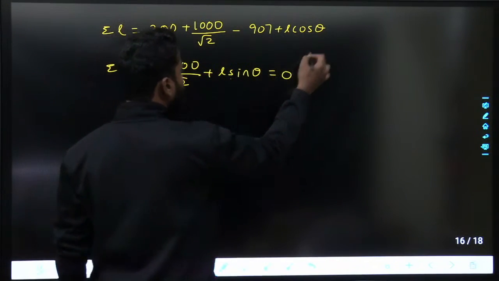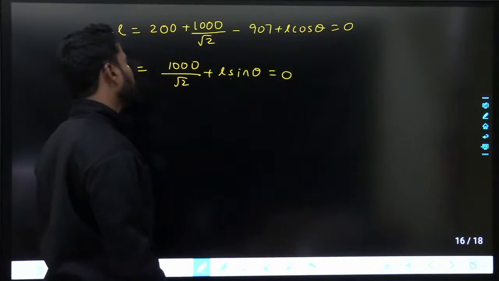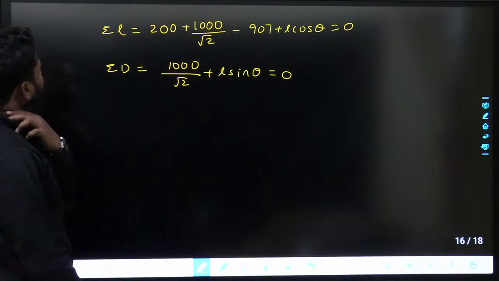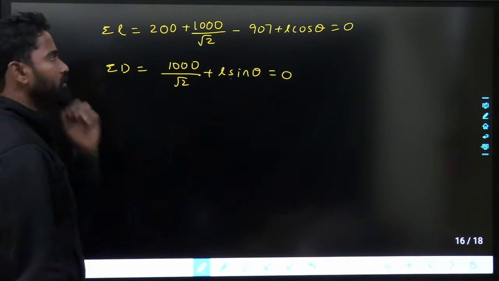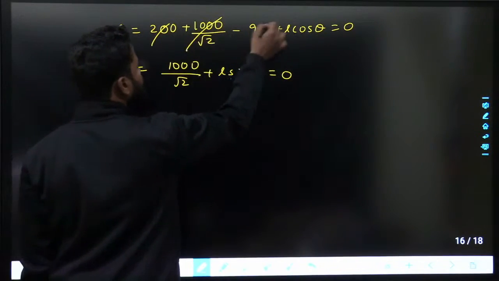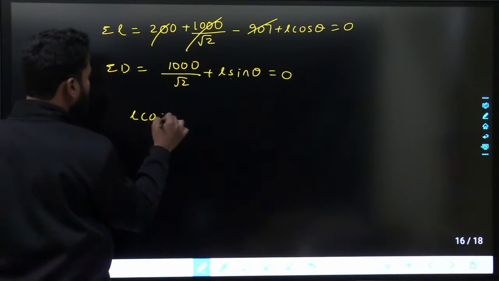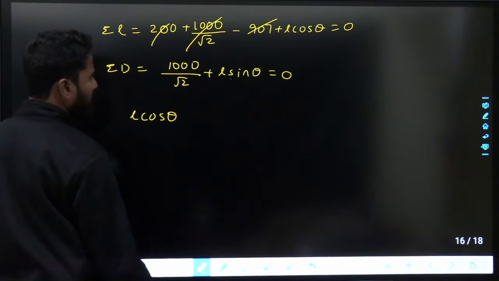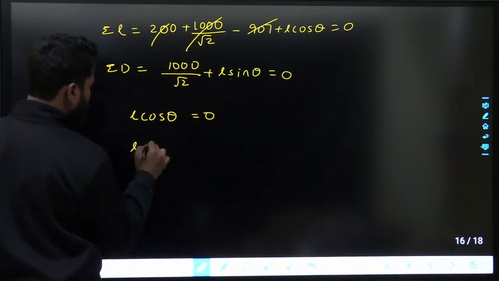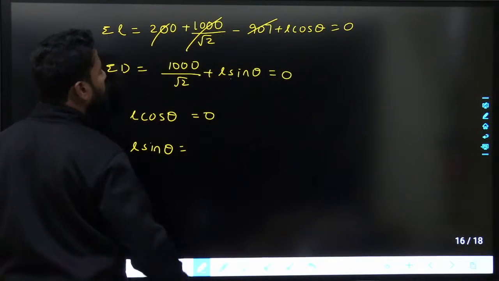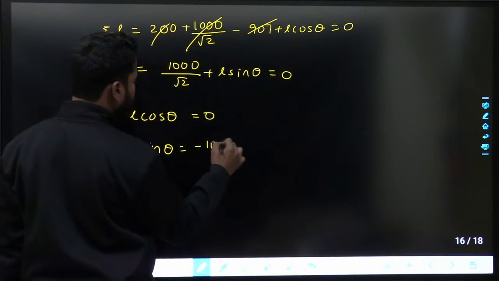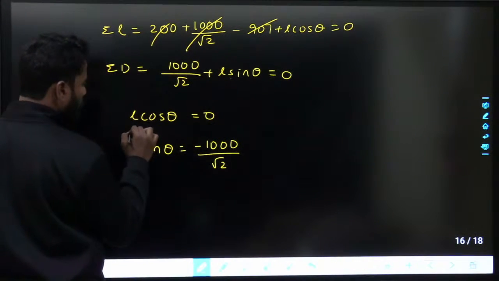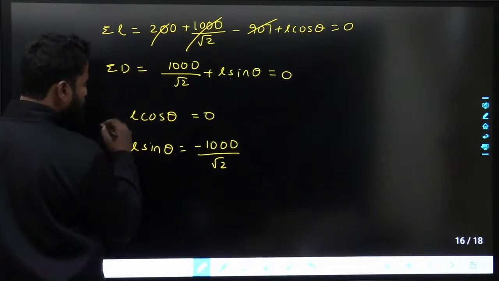If I take this as equal to 0, 200 plus 1000 by root 2, which is 707, minus 907 will get cancelled, so approximately L cos theta I think you can write as 0. L sin theta is equal to minus 1000 by root 2.